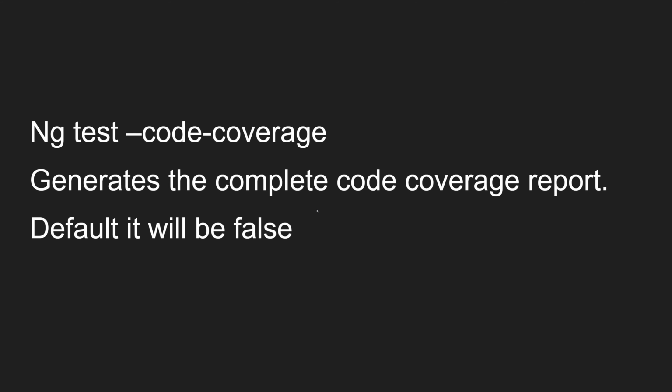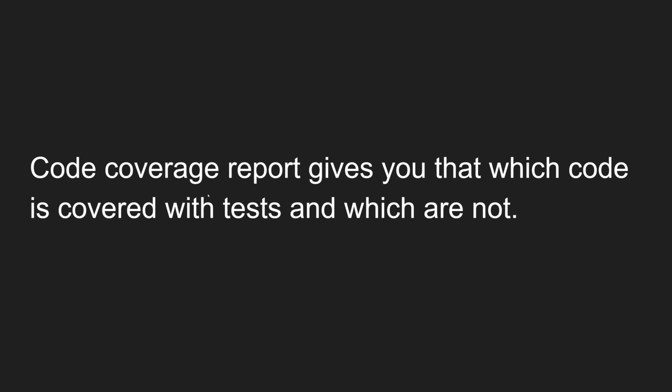So what is code coverage actually? A code coverage report tells you which code is covered by tests and which is not. For example, if one file has 50 lines of code, but the test cases only cover 25 lines, then the remaining 25 lines don't have any test cases.